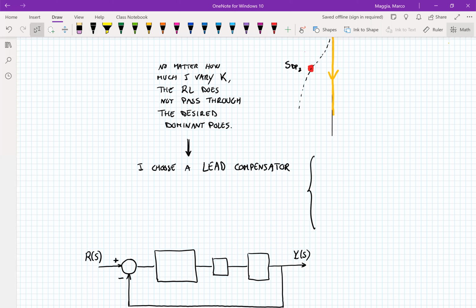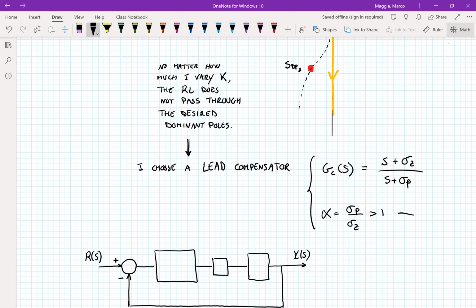All right, so we need a lead compensator. So I was going to choose an example for which the lead compensator was needed. So we have (s plus sigma Z) over (s plus sigma P). And the other thing that we want is alpha, that is sigma P over sigma Z, to be greater than 1.